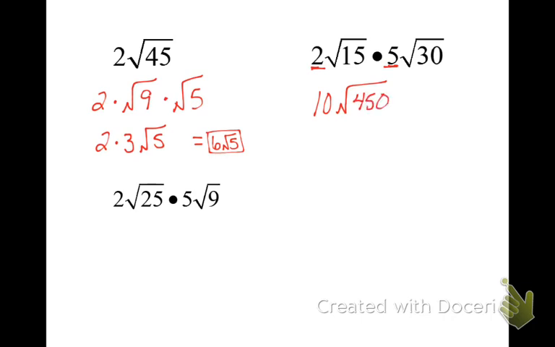If I had numbers that did have perfect squares, then I would break it up that way. But since I don't, I'm going to put it together and make one radical.